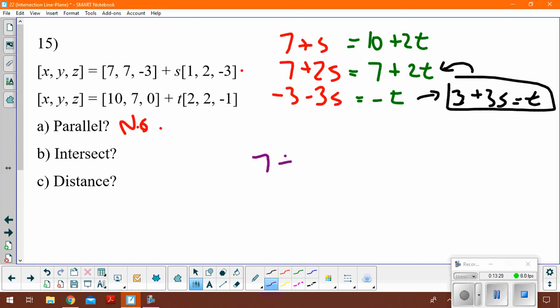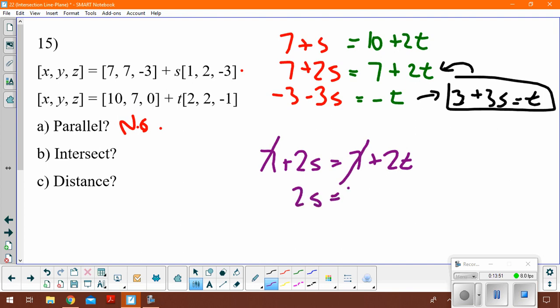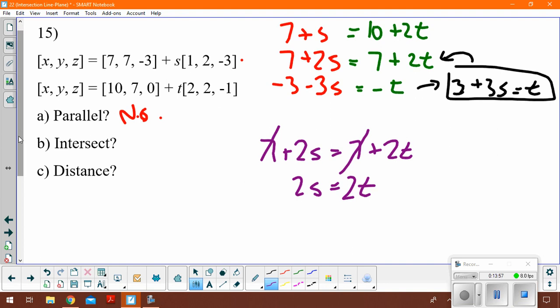So I have 7 plus 2s is equal to 7. Hey, wait a minute. Before I do that, let's make my life a little easier here. 7 plus 2s equals 7 plus 2t. Those 7s will cancel, so 2s is equal to 2t. Oh, that's even nicer. This just says s equals t.